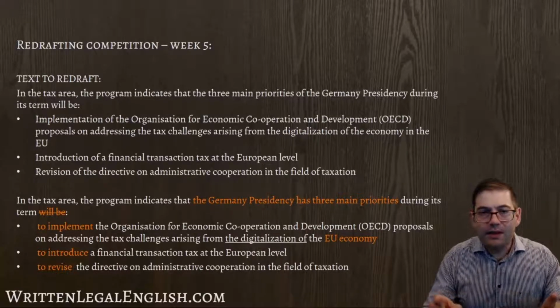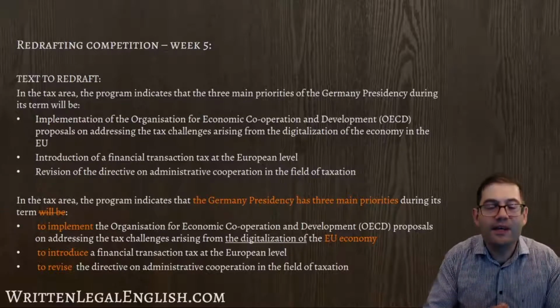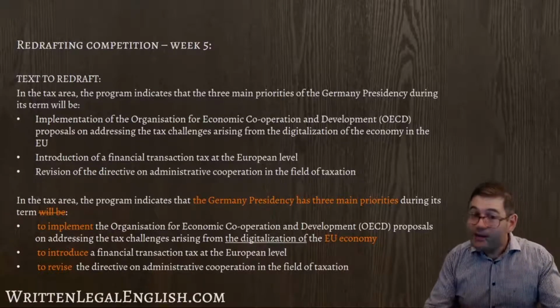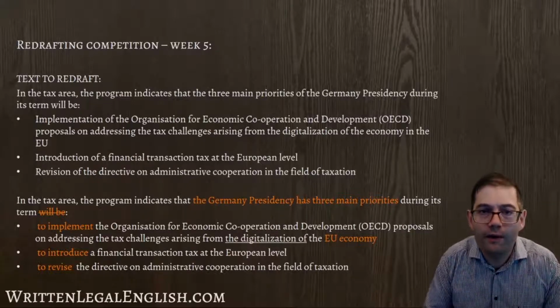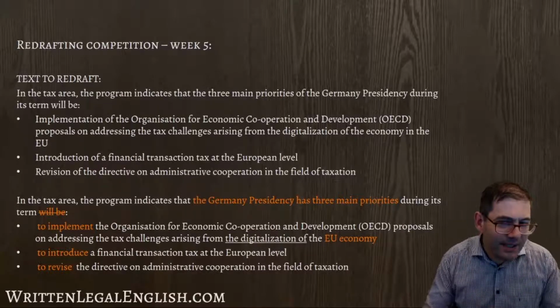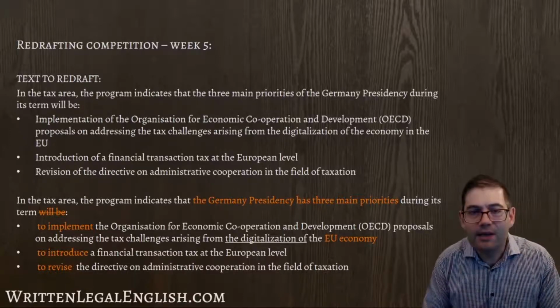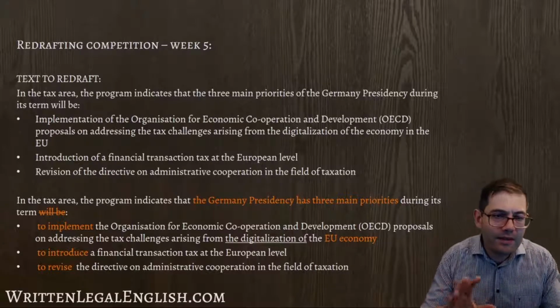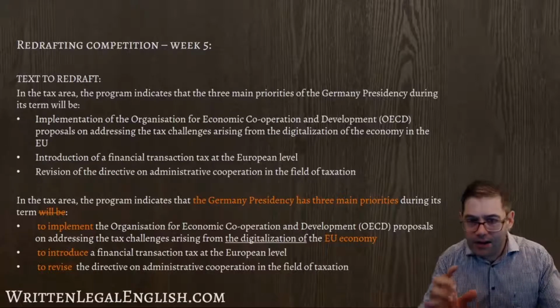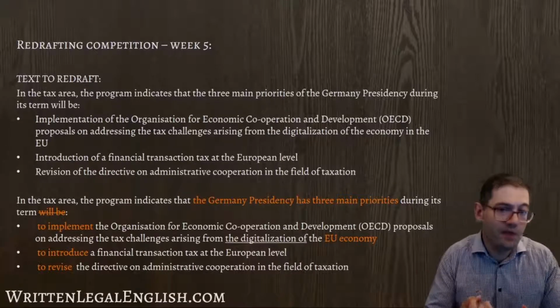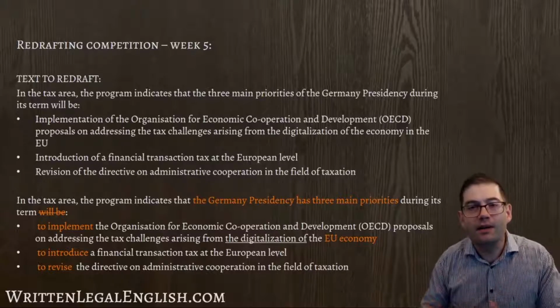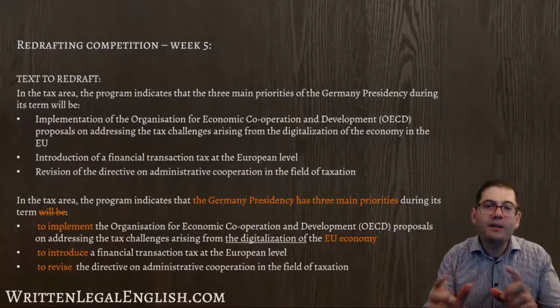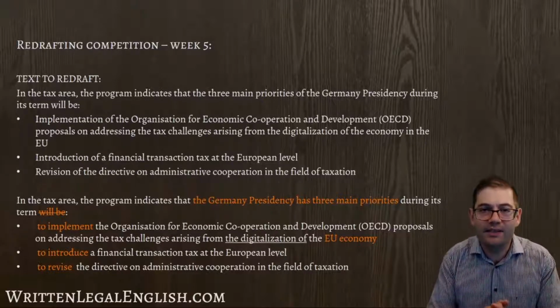Now, I've underlined the digitalization of the EU economy because I think if we really understood what was going on here, if I was the author, then I would perhaps think maybe I can say this in a different way. Maybe I can say this in a way to get rid of that nominalization, to use a verb in there, and make that come alive as well. And there were probably 1 or 2 other tweaks I could make to that message.